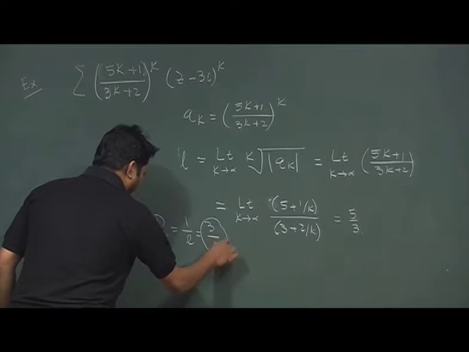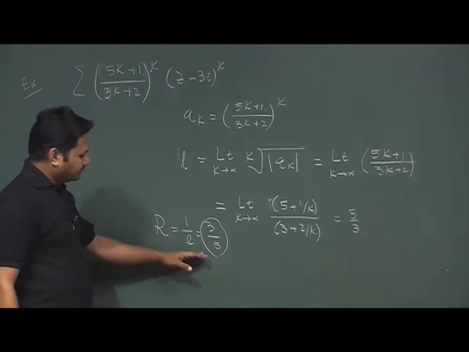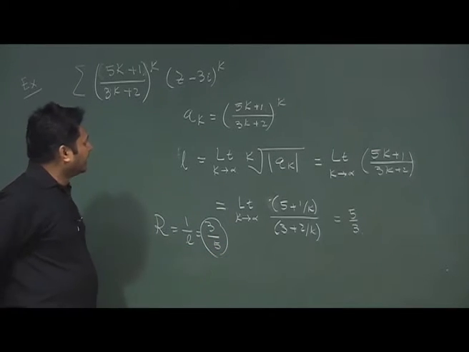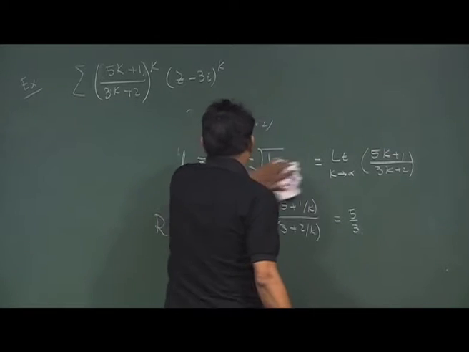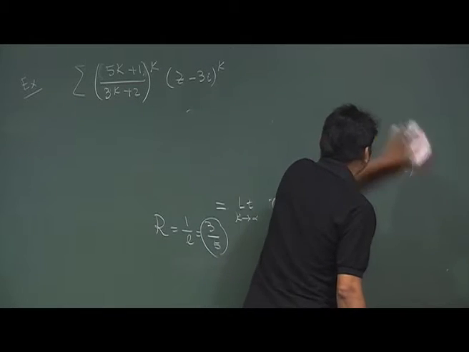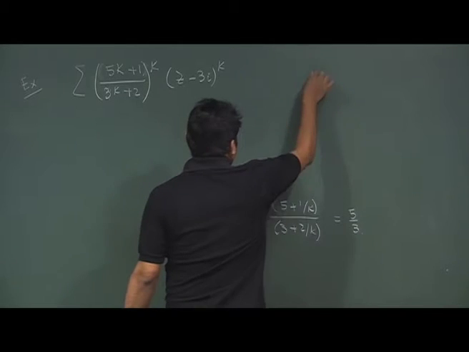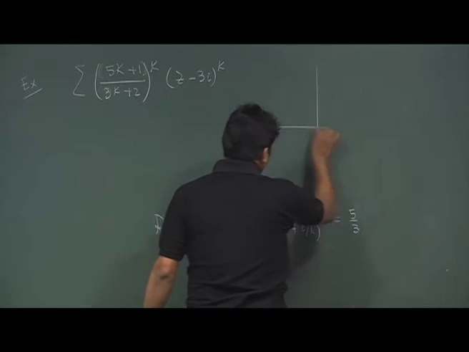So, here 3/5 is my radius of convergence, and the way we did in the previous problems, here also we can find the region.